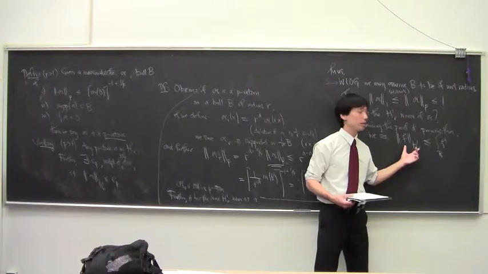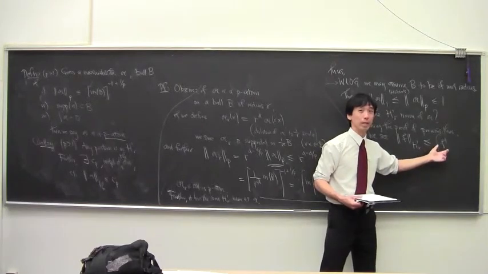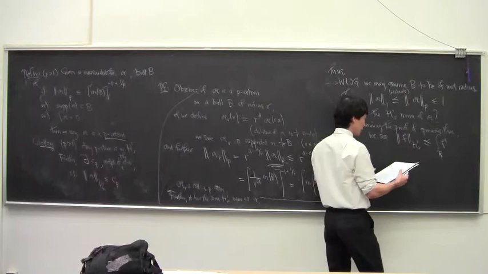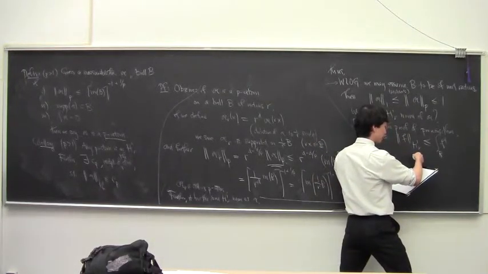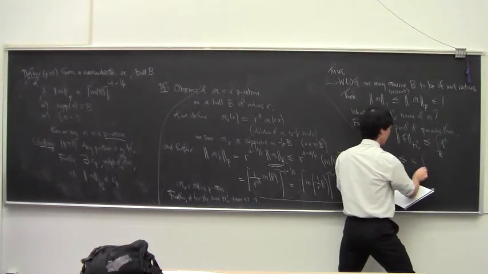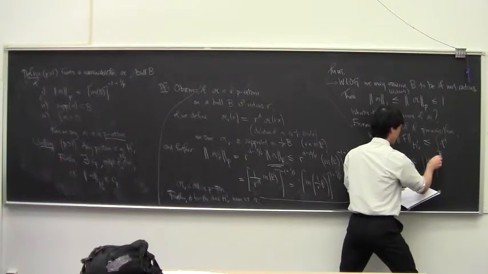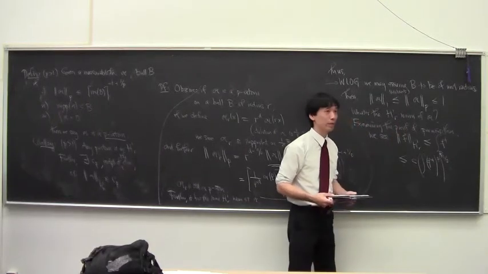So what you see from that is that the H1 norm is actually controlled by this thing. And if we look at this thing, this is controlled by some constant times the Lp norm of F dagger.